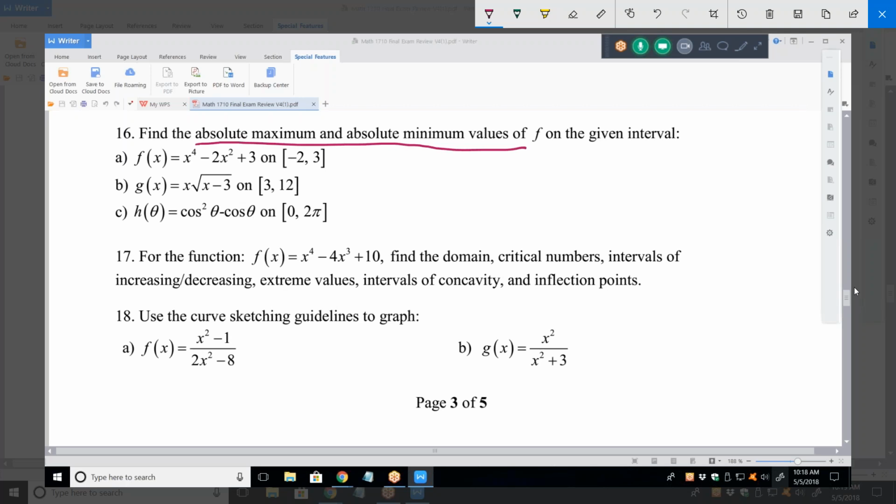What's our task going to be? I don't really know. What's always the first step? Almost always, take the derivative. Take the derivative. If you don't know what to do, that's always a good place to start.